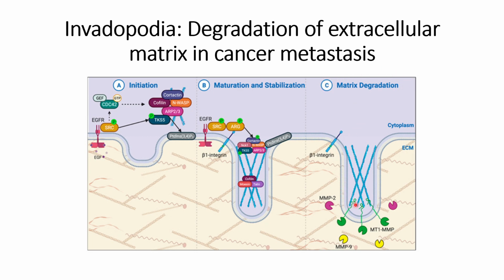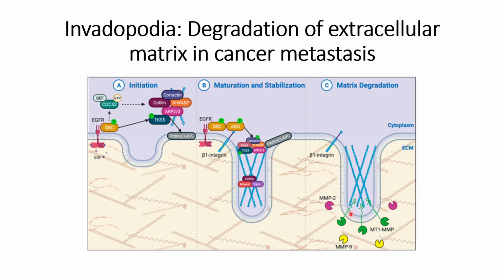In the matrix degradation stage, these polymerized actins release metalloprotease proteins, some of which are shown here, such as matrix metalloprotease 9, 2, and MT1-MMP. These then help in the degradation of the extracellular matrix, and that helps the cancerous tumor cells towards migration by reducing some of the resistance caused by the extracellular matrix.